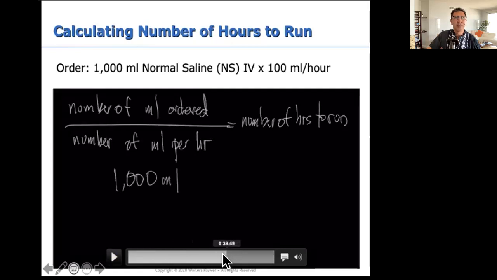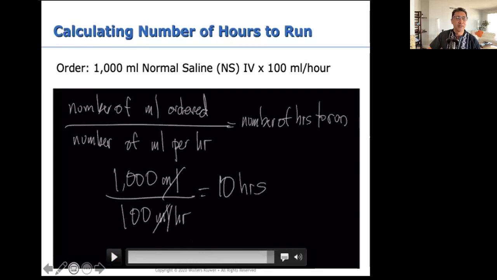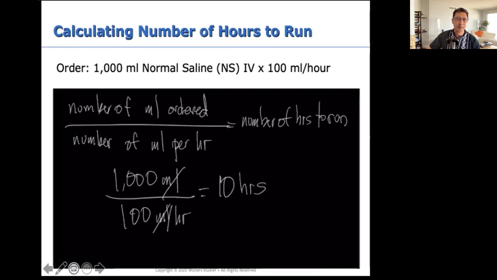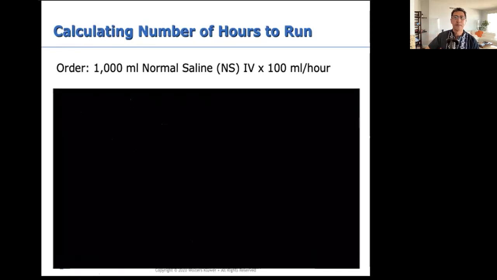So 1,000 ml over 100 ml will give me 10 hours. It seems simple and straightforward. You can probably eyeball this, but calculate it because it's going to get a little technical as we move on. Next.